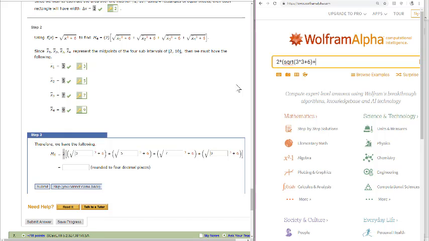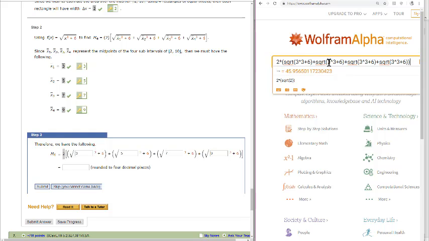So I'm just going to copy and paste 4 of these, and then change the values. For the second term, I have a 5. For the third term, I have a 7, and for the last term, I have a 9. And so it looks like my result is 125.9650, and then there's a 2 there, but that doesn't change the value.